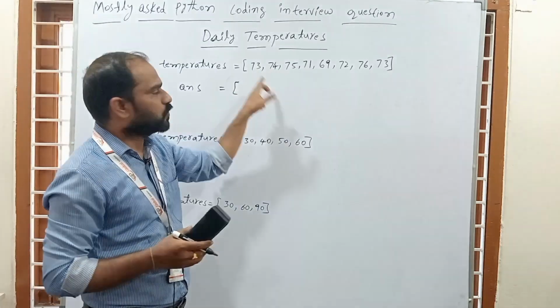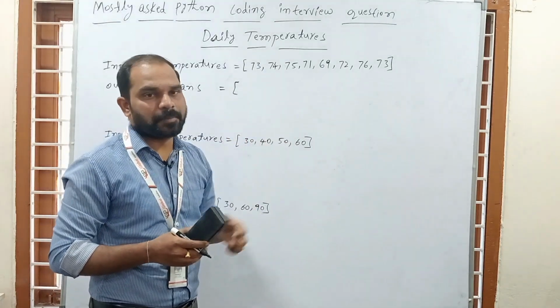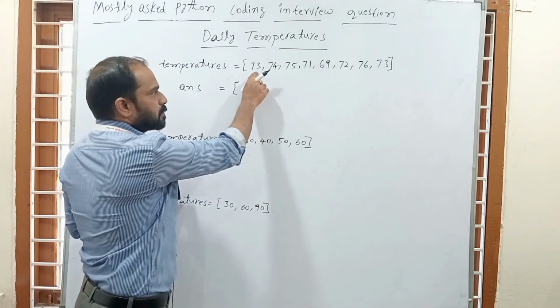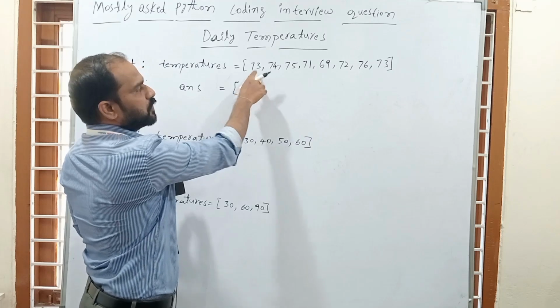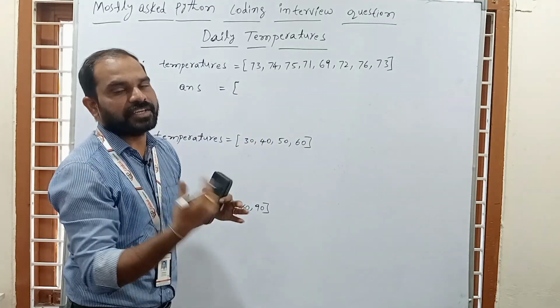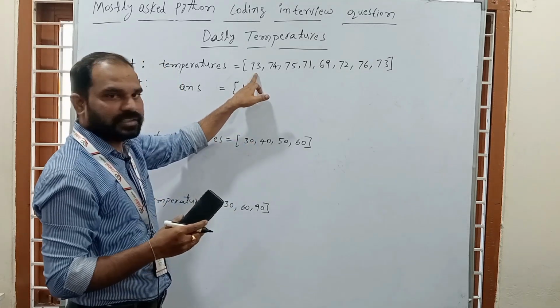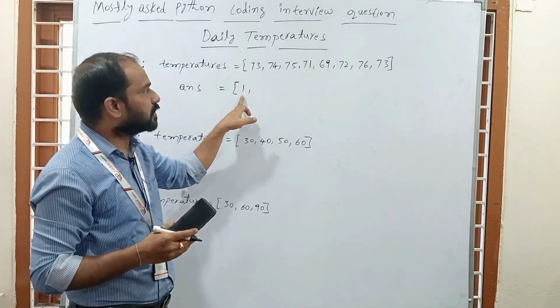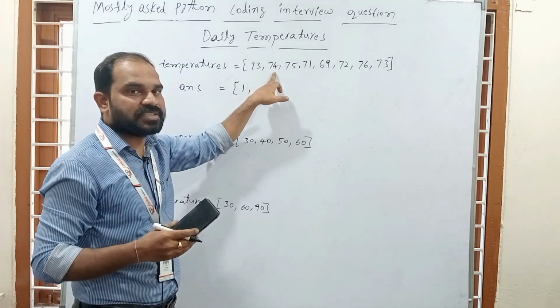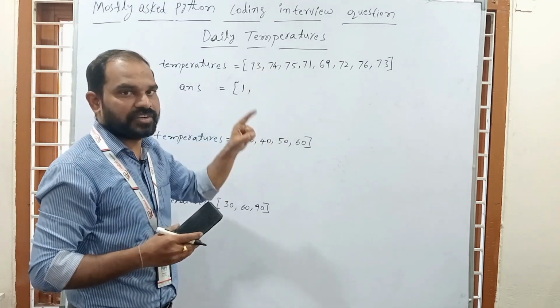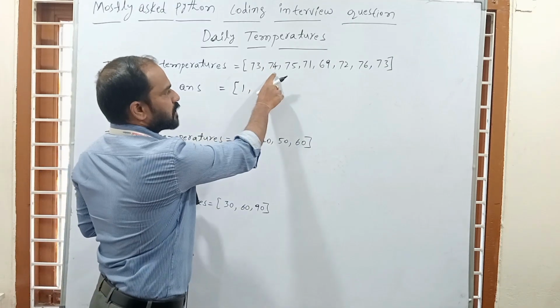How many days do we need to wait to get a hotter temperature? For this 73 we need to wait 1 day, so you store 1, because the next highest temperature appears after 1 day, which is 74.